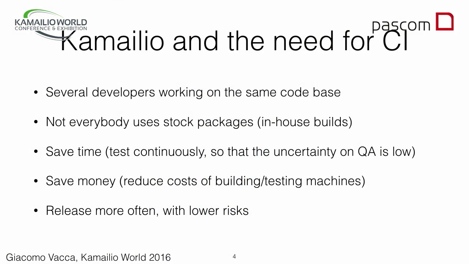So very quickly, I think each one of you knows what CI means, but in a few words, it's just the need to synchronize different developers working on the same code base. This happens already publicly in the Kamailio community with Travis CI, so each commit can trigger an entire test suite. But typically teams in different projects need to build their own copies, not necessarily public, and build their own packages or RPMs that are not available from the main project.